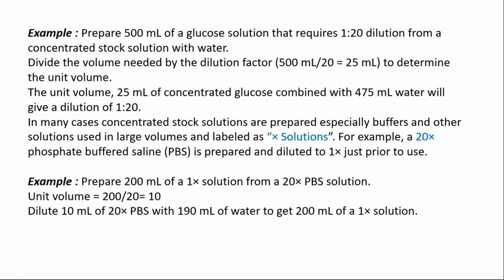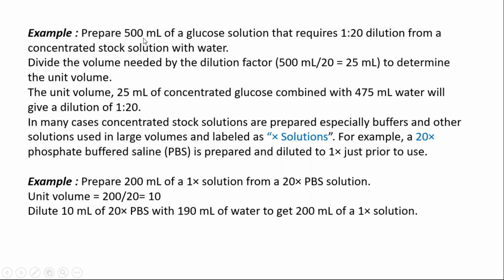So taking this example, you prepare 500 milliliters of glucose solution that requires a 1:20 dilution. So how do you do this? If this is a 20 dilution, divide the volume needed by the dilution factor.